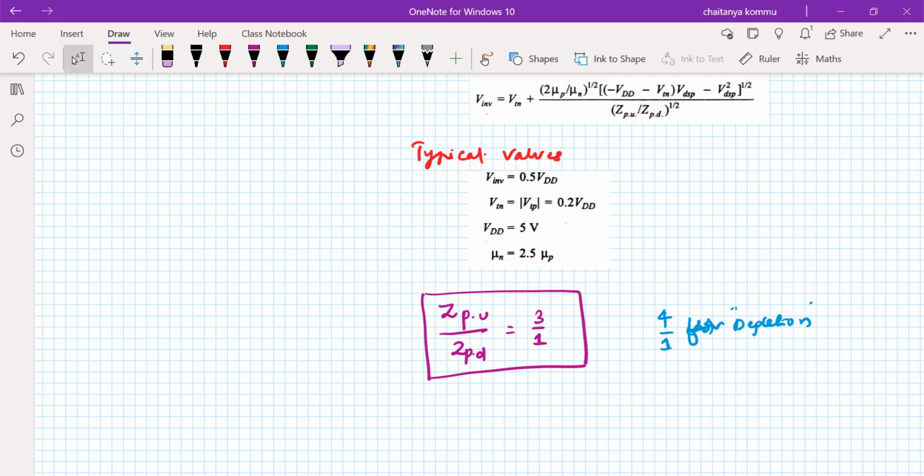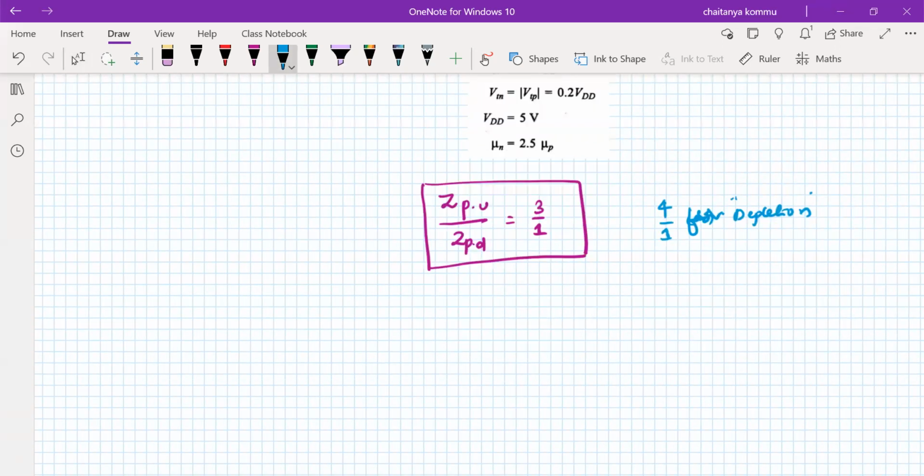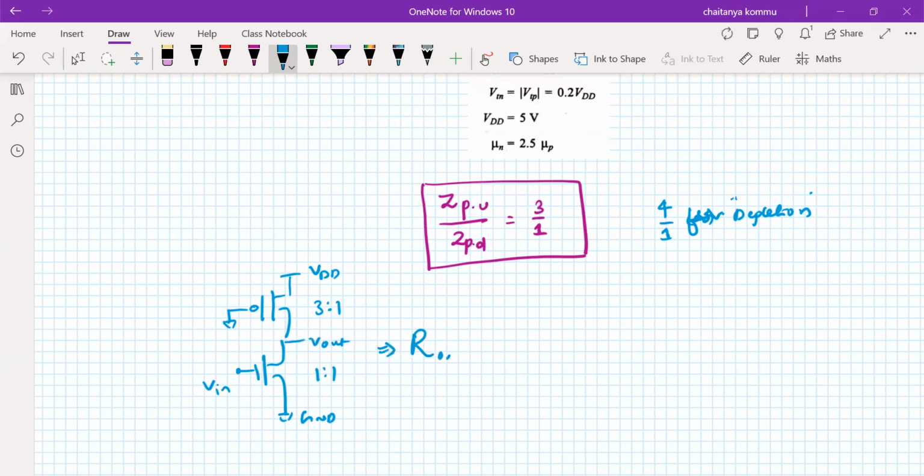Very important thing is that if you are maintaining this relationship, that is the pull-up network is 3:1 ratio, and this is 1:1, for example. Can you define what is the power consumption of this device? What is the R on for this one?